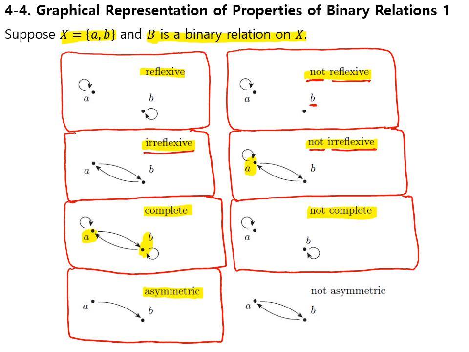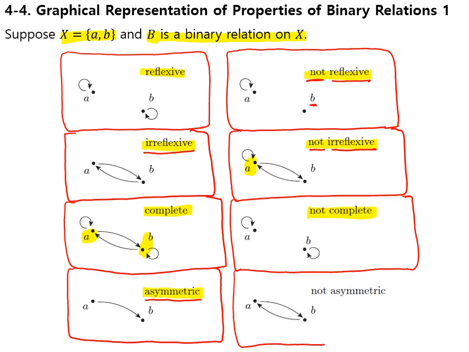So in other words, if a relation is asymmetric, then this implies that there exists no pair of elements such that the relationship goes both ways, right? So we can see here that there's a relation going from A to B, but there is no relation going from B to A. Therefore, it is asymmetric.